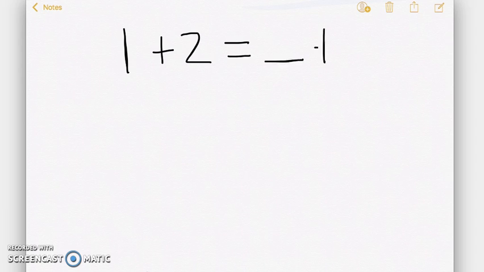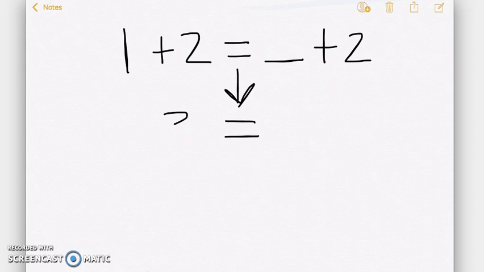If we continue to look at this in equation form, let's start with 1 plus 2 equals, we're not sure, plus 2. What we're going to want to do is bring our equal sign down. Then we see we have both numbers on one side, so what is that? 1 plus 2 equals 3.